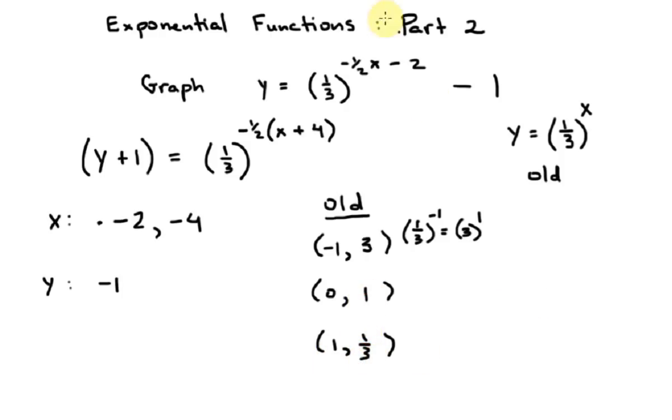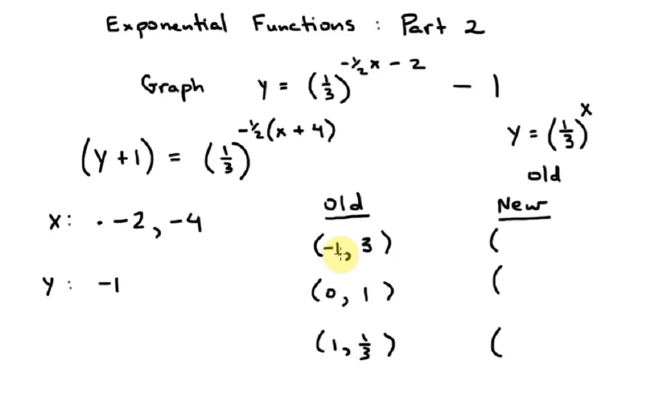Those are the old points. Let's clear this out so I have room to put in the new points. Old and now new. What are the new points going to look like? Let's do all the x's first. I'm going to times by negative 2.